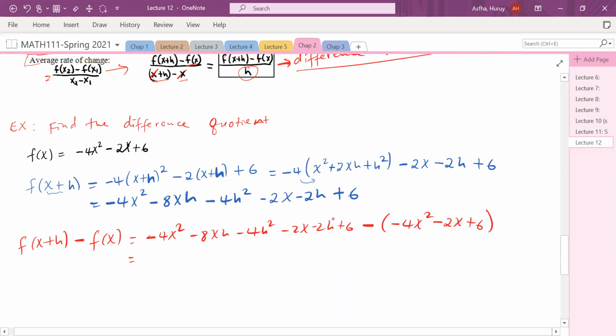I'm not going to write this one again, so I will just distribute the negative first. So this will be plus 4x squared plus 2x minus 6.